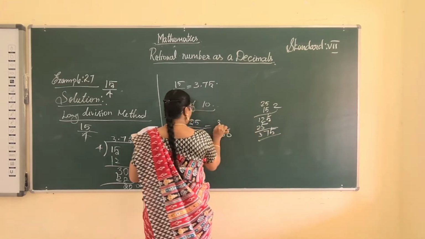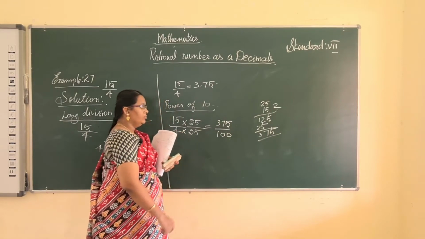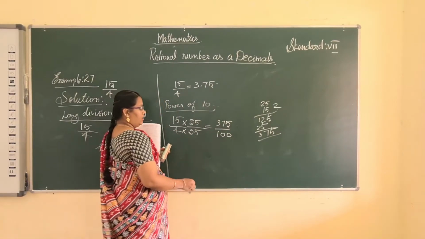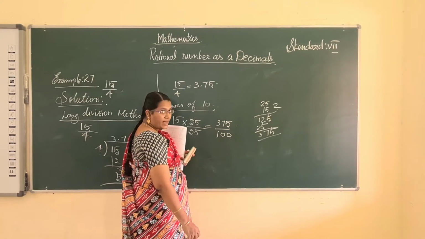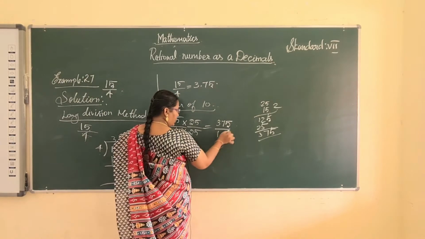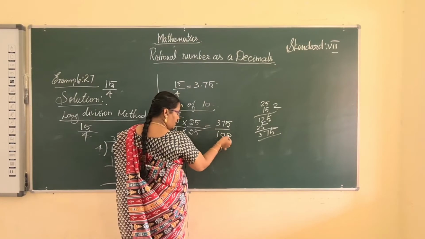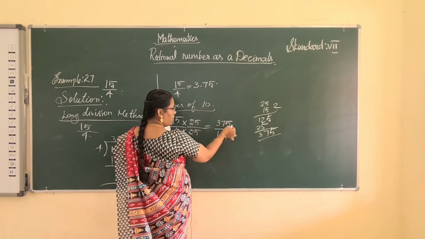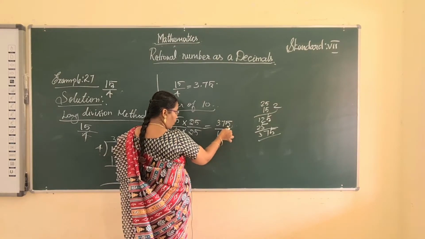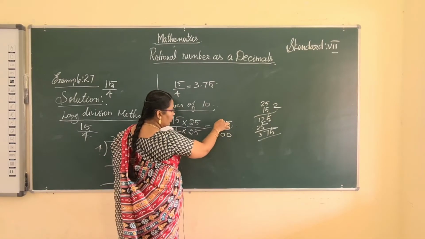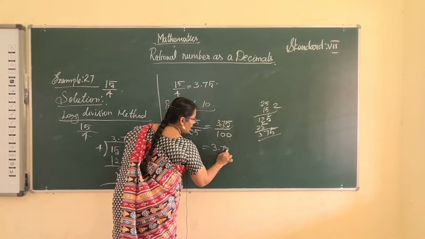Already you know how to divide by hundreds and thousands, is it? So the denominator value is 100. How many zeros are there? 2 zeros, so the decimal point starts from here: 1, 2. So the answer is 3.75.